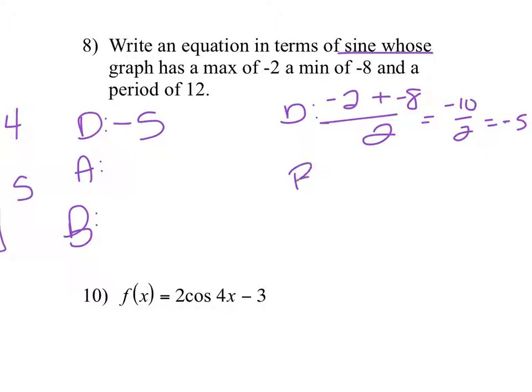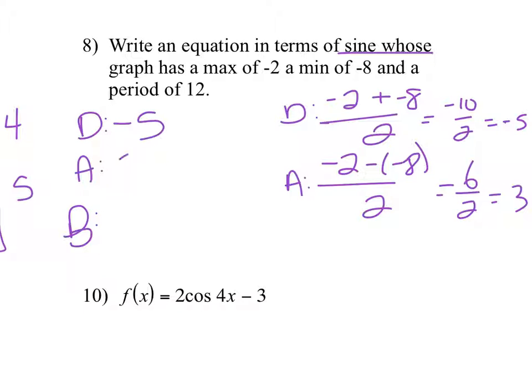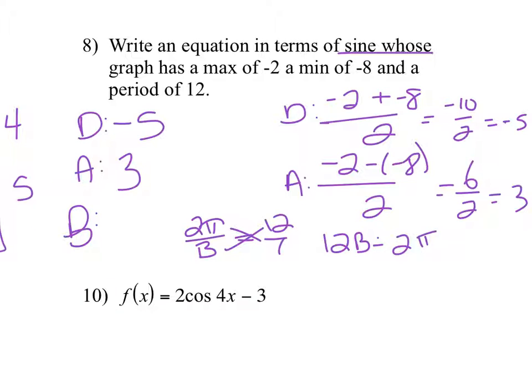And then the max minus the min divided by 2, so that would be 6 or 3. And then b, the period is 12, so 2 pi over b is equal to 12. So 12b equals 2 pi. So b is pi over 6.